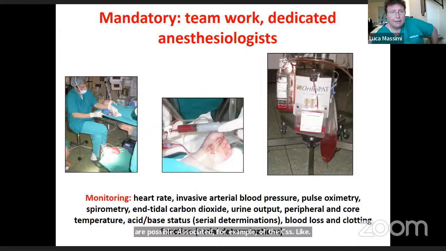We can do it, of course, with an adequate intraoperative and postoperative team, namely the anesthesiologist, but also the scrub nurses, and for sure the intensive care unit.